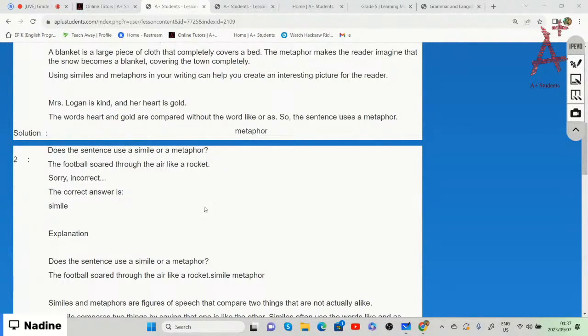If we look at the word like in that sentence, the like will tell us that it is a simile. Remember, we said with a simile, we use words like and as. So when we compare two things, for example, the football soared through the air like a rocket, we are comparing it by using like. So that is a simile.